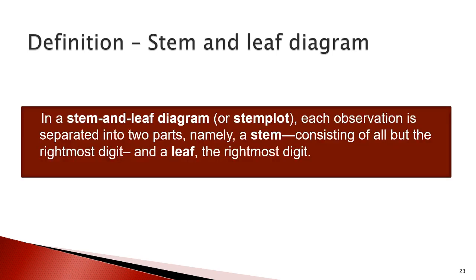In a stem and leaf diagram, or stem plot, each observation is separated into two parts, namely a stem consisting of all but the rightmost digit, and a leaf, the rightmost digit.